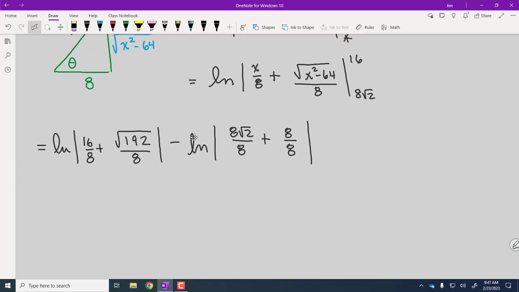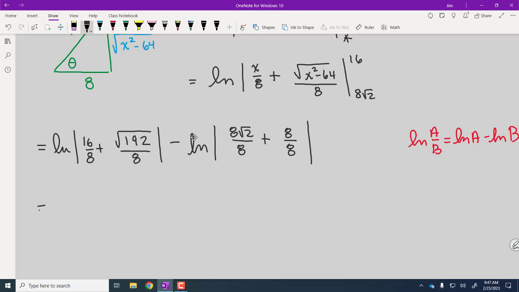Division, exactly. So our log property that we're going to refer to here, we know that the log of A over B is the log of A minus the log of B. But we're going to go backwards, because right here we have the log of this minus the log of that. So we have the right side, so we're going to turn that into division.